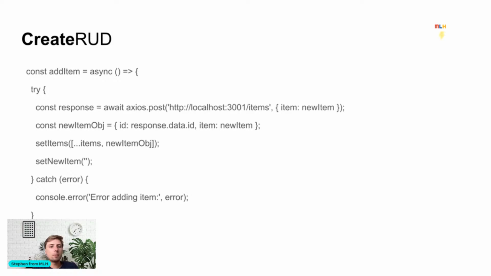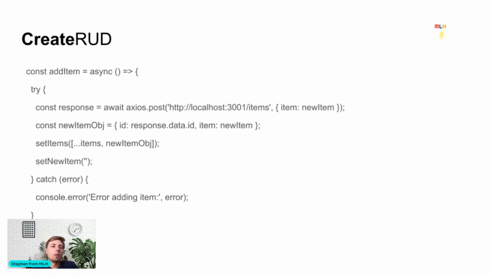Then we also update the items on our side here by saying set items. And set items, remember, is part of our use state hook. So we're actually updating the value of items with this function. And we just write a list which has items and new item object.